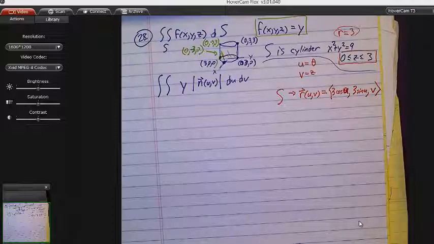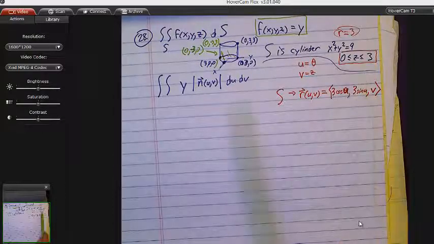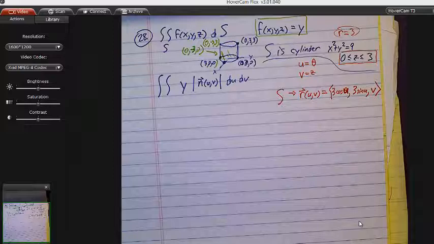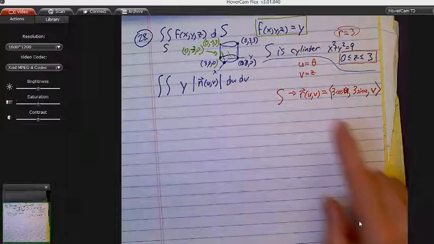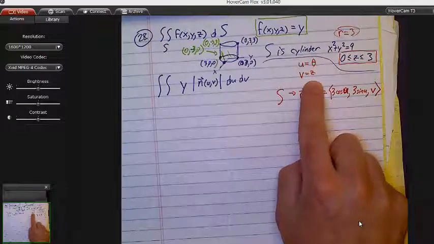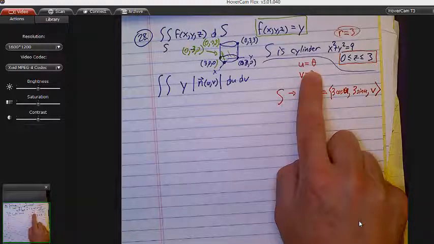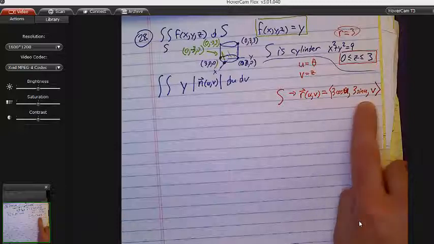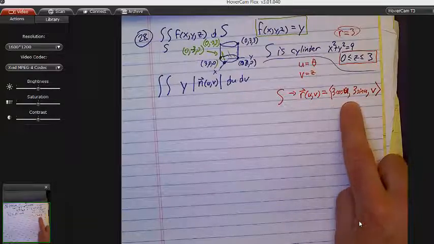So how do we parameterize the cylinder? I guess that's the question. The book gives some really standard problems, because coming up with a parameterization is not easy in general. But for a cylinder, you can let v be z and let u be theta. Basically we're using cylindrical coordinates, which makes sense.